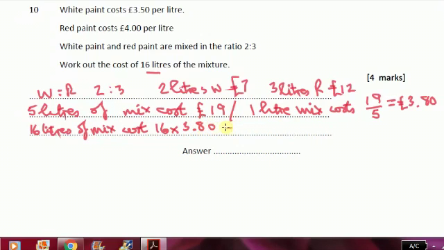So I've got to work that out without a calculator. 16 times 0 is 0. 16 times 8 is 128. 8, carry 12. 16 times 3 is 48, plus 12 is 60. You may want to do it as a long multiplication, that's up to you. But either way, you should get £60.80.